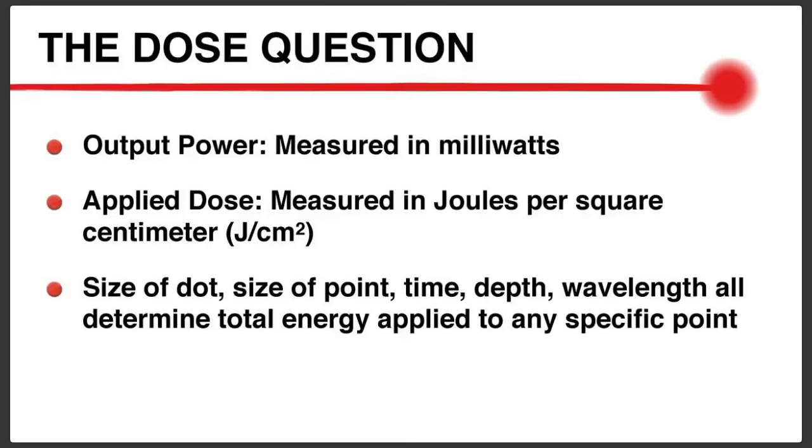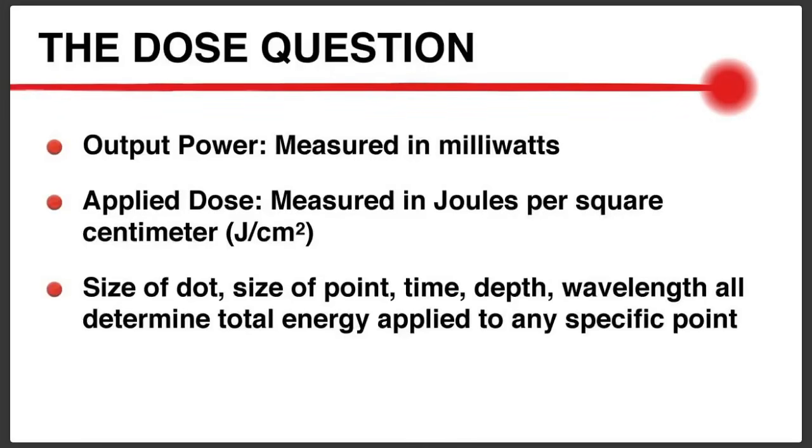And it gets to be kind of complicated. What I mean by that, there are various schools of thought and various studies and people that will say, oh, you have to apply this many joules per square centimeter or you don't have an effective dose.